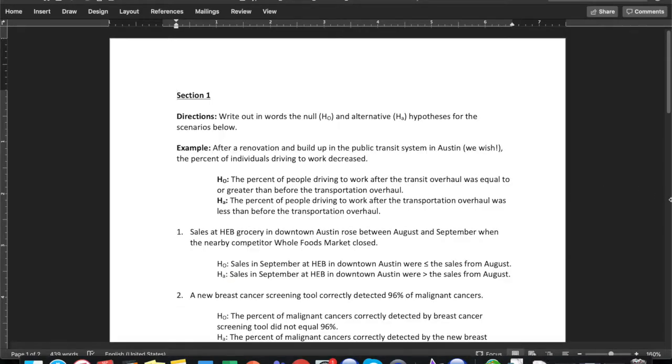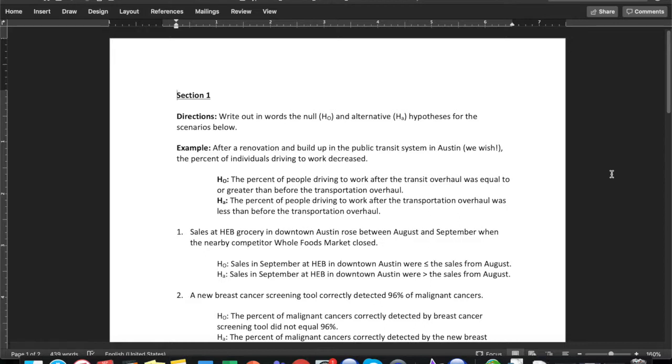The first example, I tried to use examples that would actually come from a job or closer to that, the things that you would be looking at, because I think the examples in the PowerPoint aren't most ideal in that way. After a renovation and build up in a public transit system in Austin, we wish to show the percent of individuals driving to work decreased.